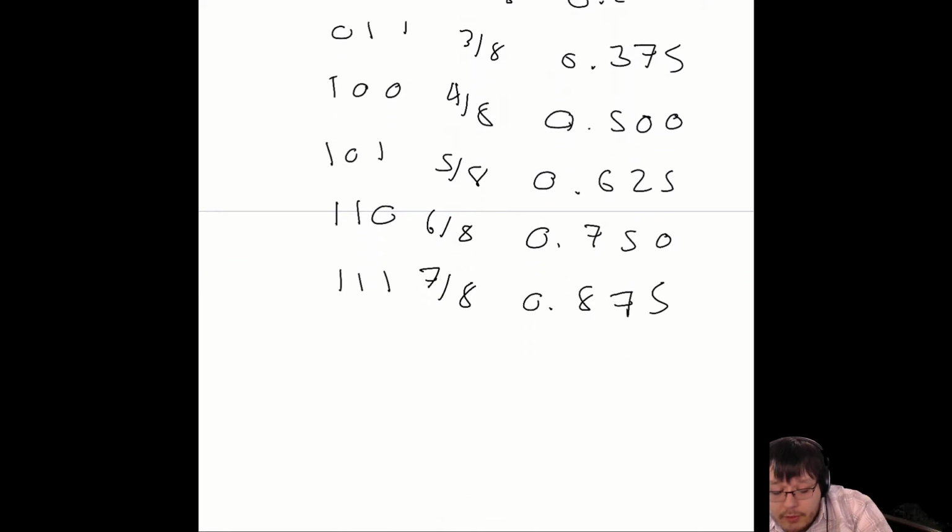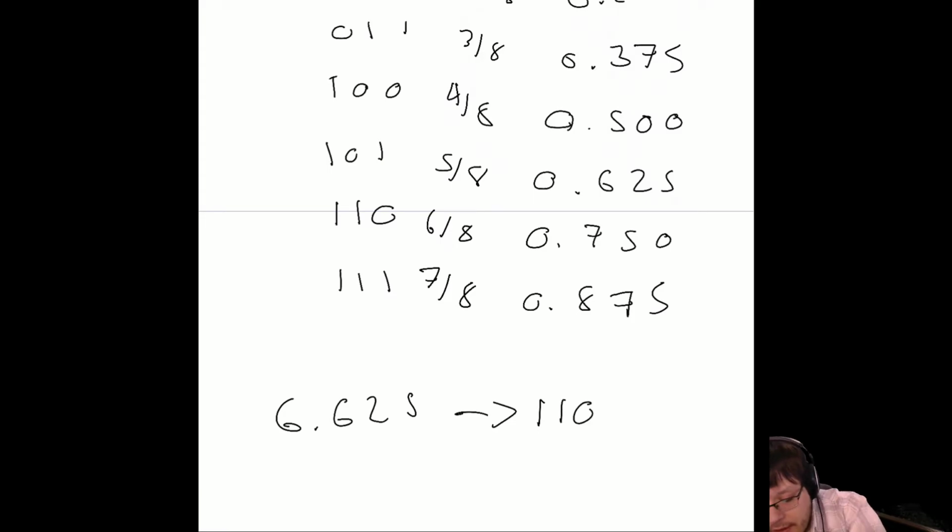If we wanted to do something like 6.625 to binary, then that would be 1. So this is a 4, so this becomes 5. So that's 6, yeah. And then 625 would actually, oh, interestingly enough, it would be that way. Oh no, sorry, 101. My apologies.